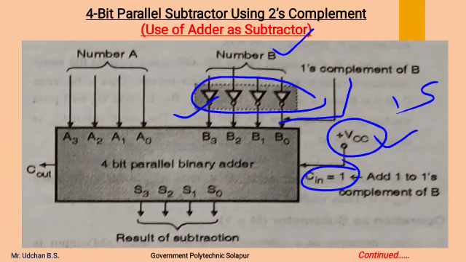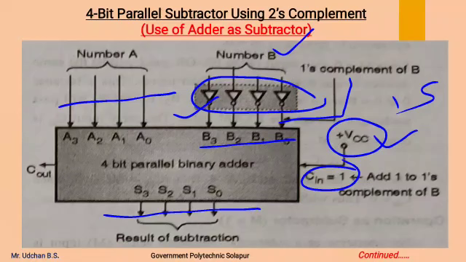The 4-bit adder then adds this number A and the 2's complement of B to produce a subtraction at its sum outputs, that is S0, S1, S2, S3. The word S0, S1, S2, S3 represents the result of binary subtraction A minus B, and the carry output represents the polarity of the result.